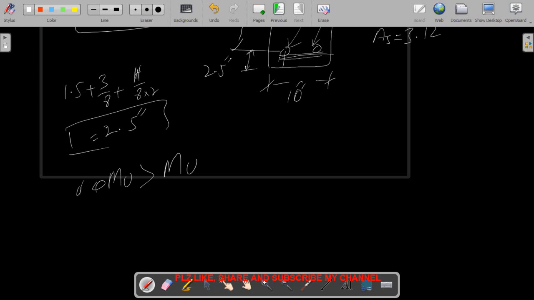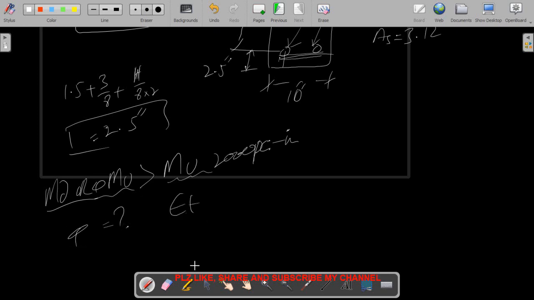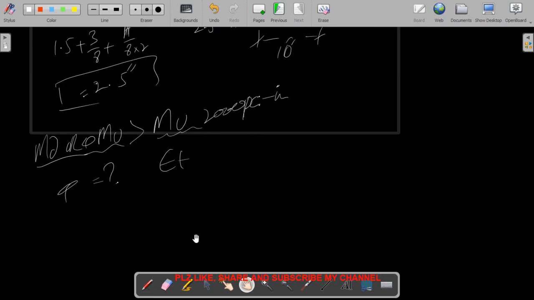So we'll find phi Mn and check whether it is more than 2000 kip-inch. We can find out the value of phi by finding the epsilon t value, and similarly we can use another check, that my rho provided is greater than rho minimum and less than rho max. So this is also a ductility check.